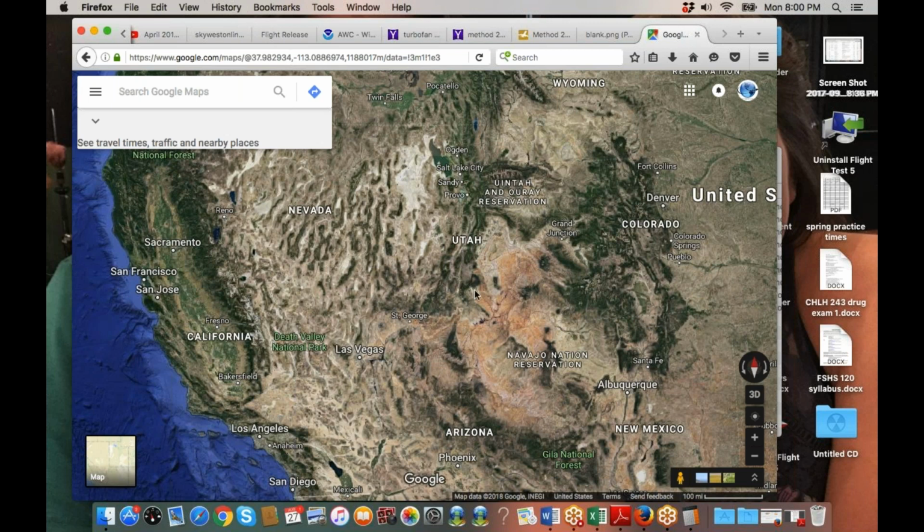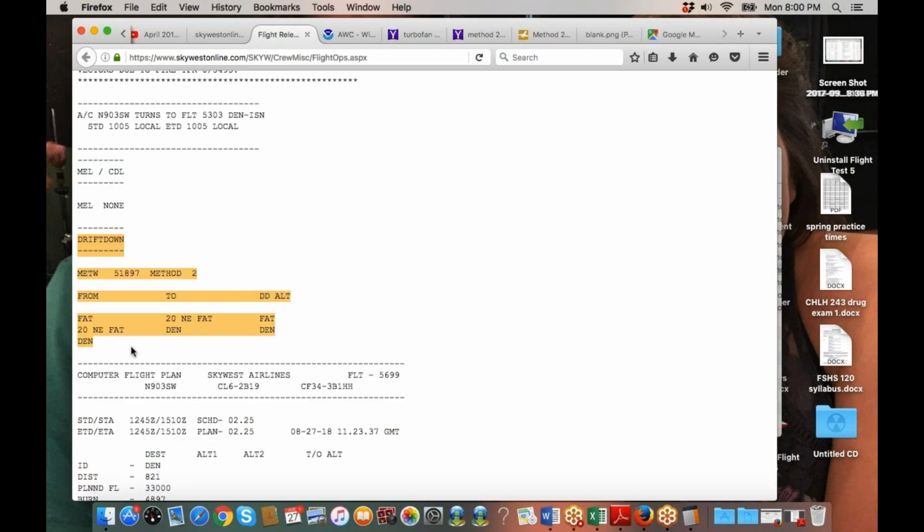So 2,000 feet, 5 miles on either side, all the way to Denver. Which is kind of baffling. And so, 20 miles northeast of Fresno, all the way to Denver, we drift down to Denver.